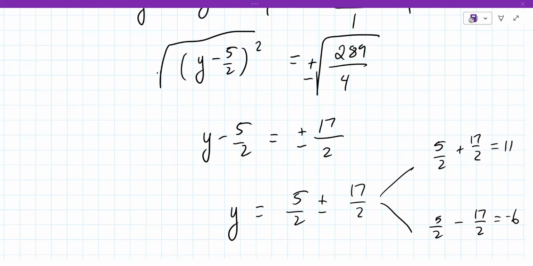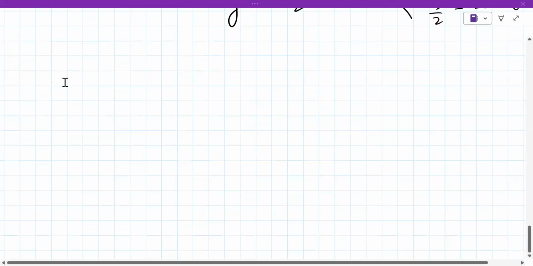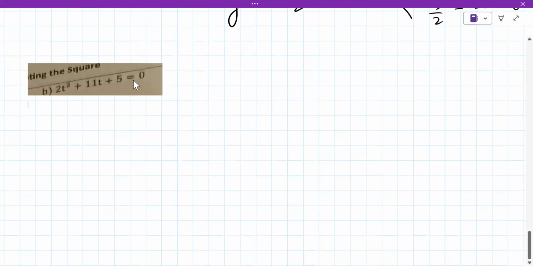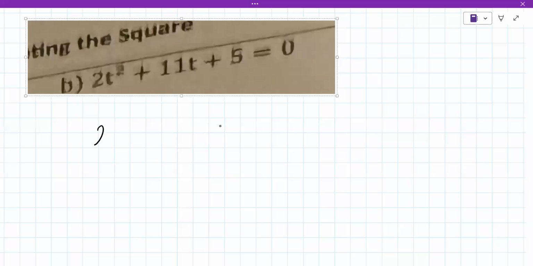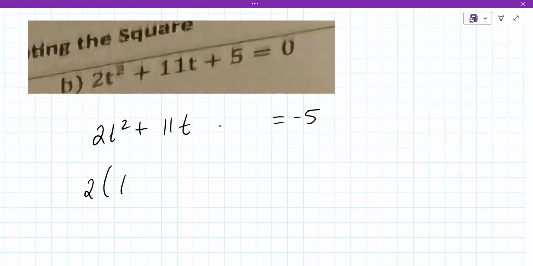Okay. The next one we should look at is this one with a coefficient, although we've done these already on the other one where you're rewriting it in vertex form, but that's okay. So it's 2t squared plus 11t. I always bring the number over. I still like to factor out the 2 like this.